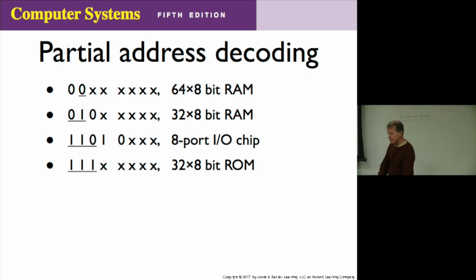With partial address decoding, you want to minimize the circuitry you need to wire the chip into the right spot in the address space.